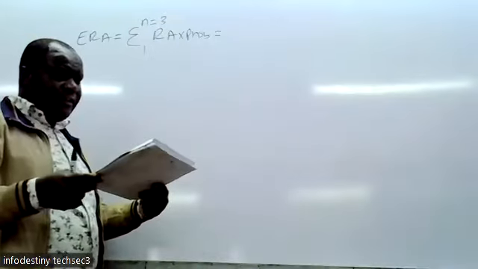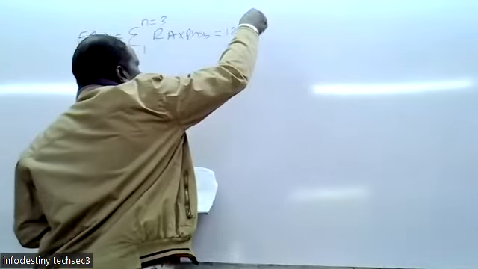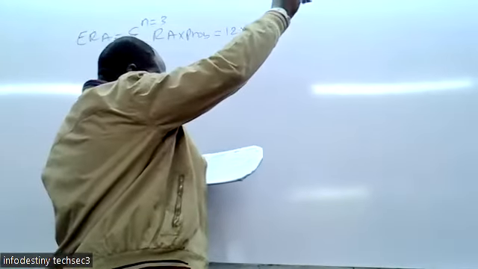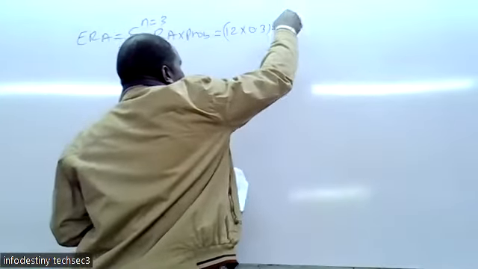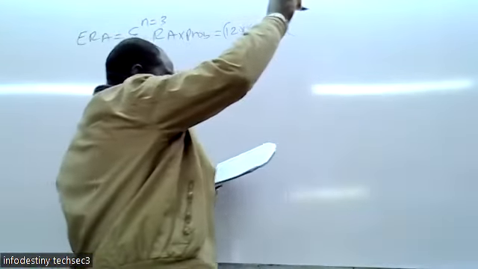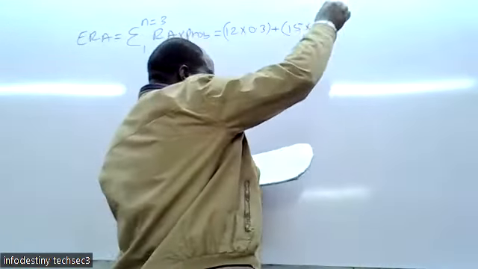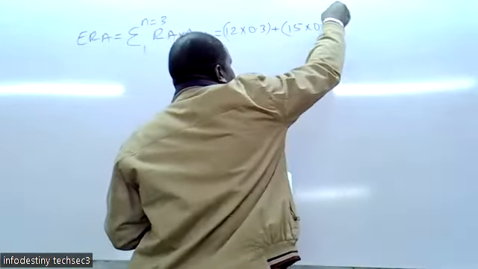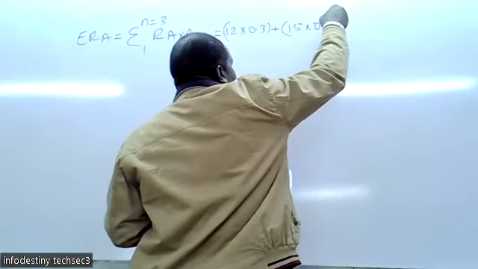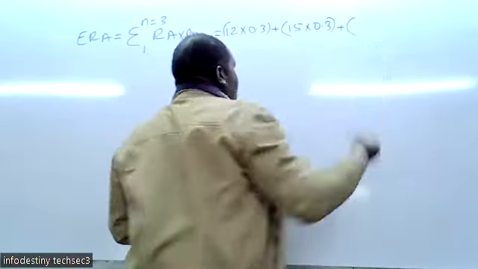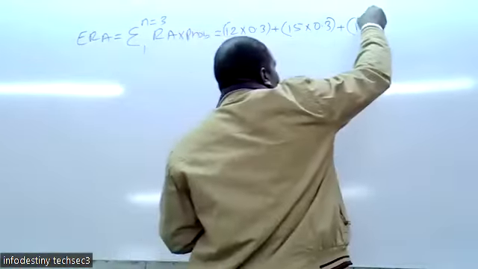But now the first return for n, they gave you 12 multiplied by the probability of it occurring, which is 0.3. You add. The second return is 15. We multiply by the probability of it occurring, which is 0.4. Then the last one is 10.